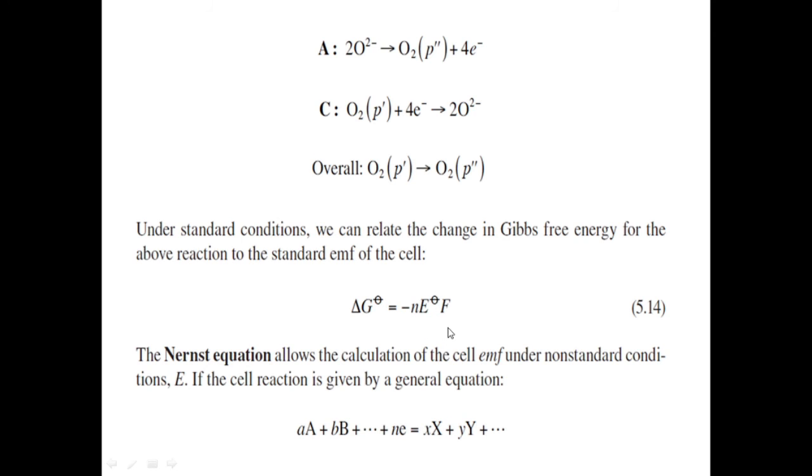The Nernst equation allows calculation of the cell EMF under non-standard condition E if the cell reaction is given by the general equation: a A plus b B plus up to n number is equal to x X plus y Y plus.